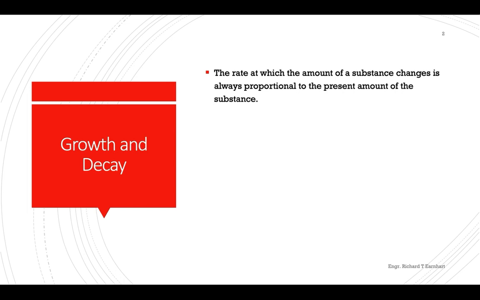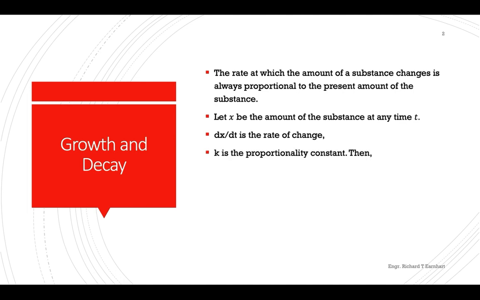The rate at which the amount of a substance changes is always proportional to the present amount of the substance. And if x denotes the amount of the substance at any time t, then the rate of change will be represented by dx over dt.